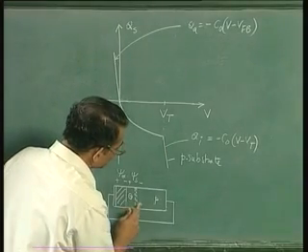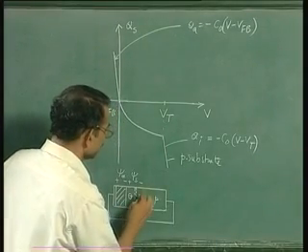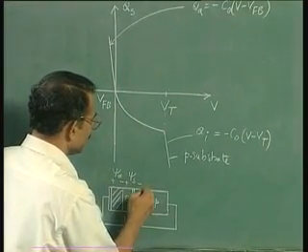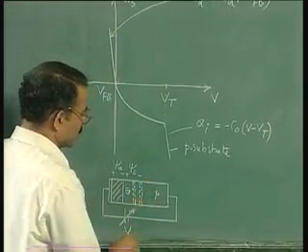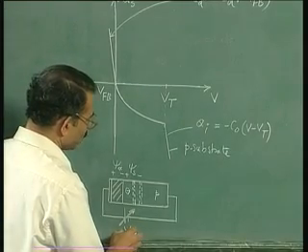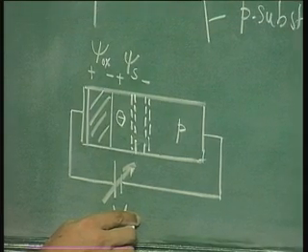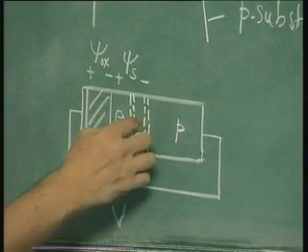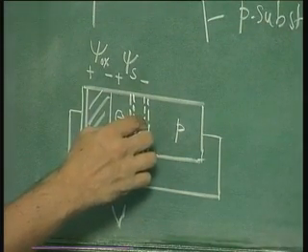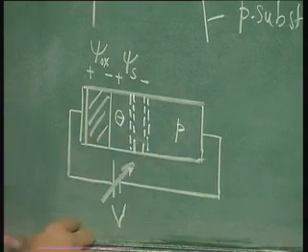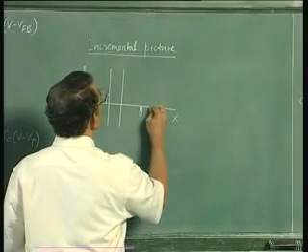The depletion width is expanding, and the increment therefore takes place at the edge of this depletion layer. Okay? So for a higher voltage, when you make a change delta V in the voltage, the change delta Q in the charge, delta Qs, takes place at a farther distance from the interface. So this is what is shown here.